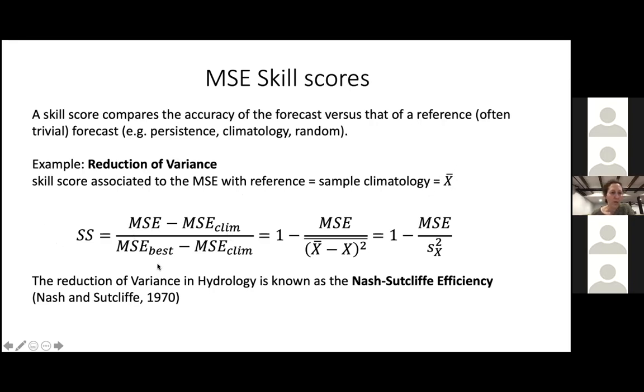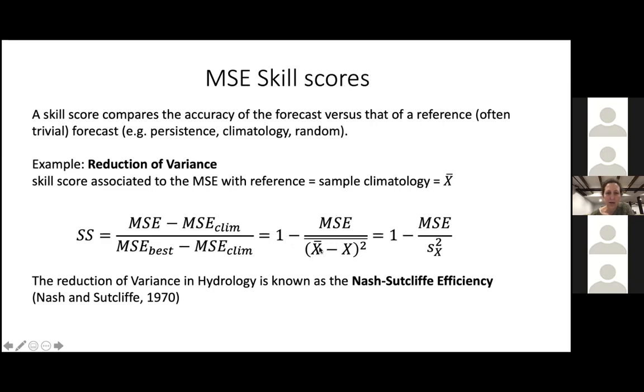So let's see what this essentially is. This is the mean squared error minus the mean squared error of the reference, over the mean squared error for the best forecast minus again the reference. The mean squared error for the best forecast is 0. So here I have 1 minus the mean squared error, because this one cancels out.